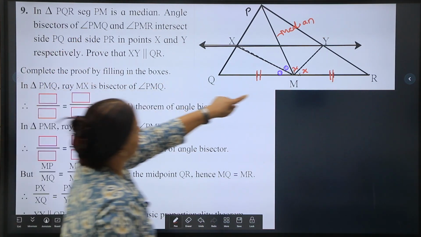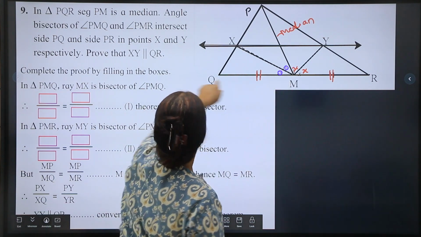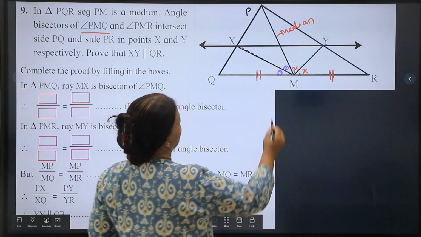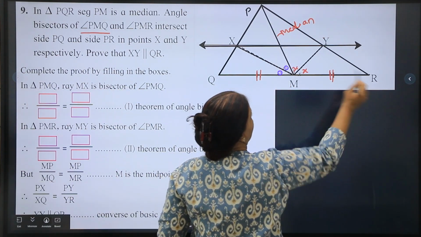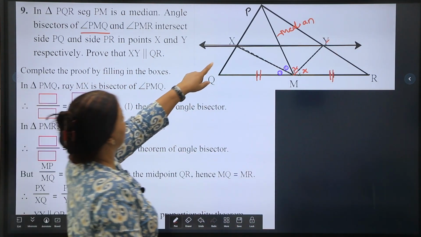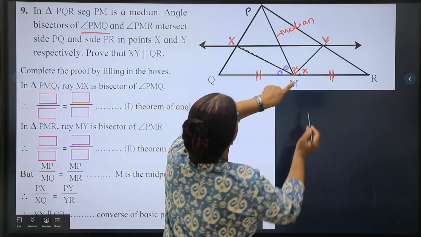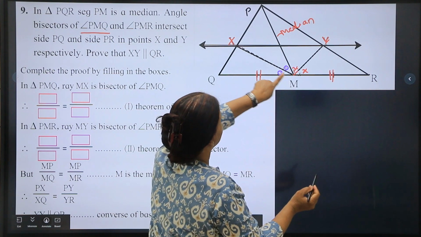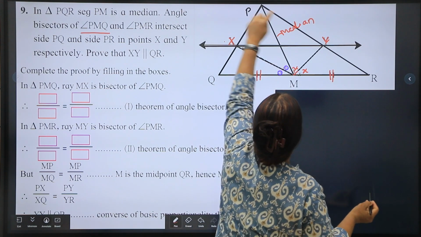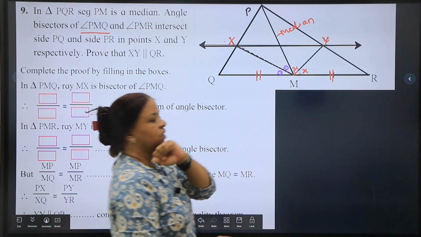MX is the angle bisector of PMQ, and MY is the angle bisector of PMR, okay. They divide the side at points X and Y, means this angle bisector is dividing PQ at X, and the angle bisector of angle PMR is dividing the side PR at Y. Clear?